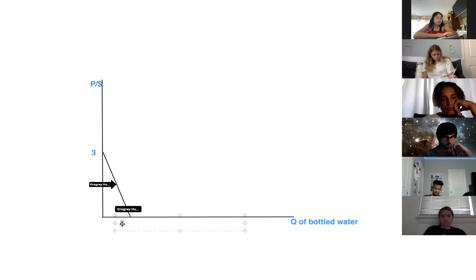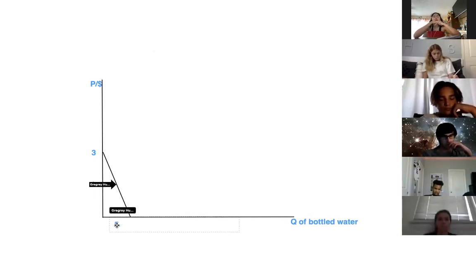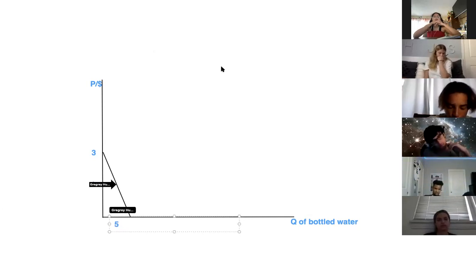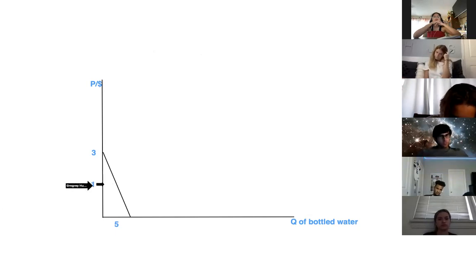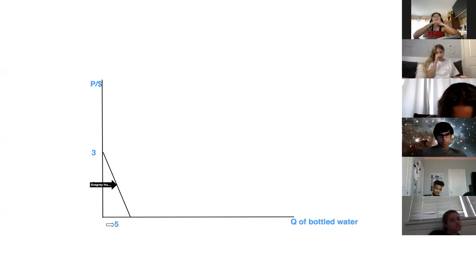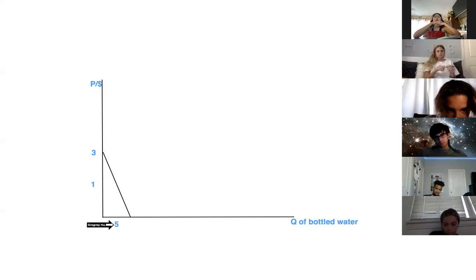So notice my scale on the horizontal and vertical axes aren't the same, but that shouldn't cause too much trouble. So at a price of 1, I go over here, and then I say that matches up with 5 units on the horizontal axis. At a price of $1, he would demand a quantity of 5.